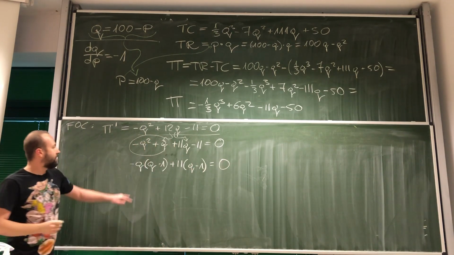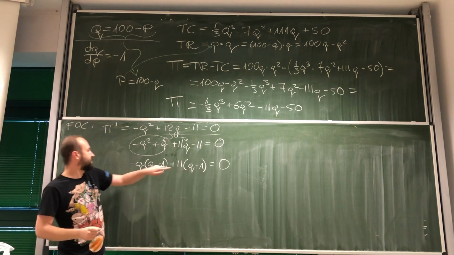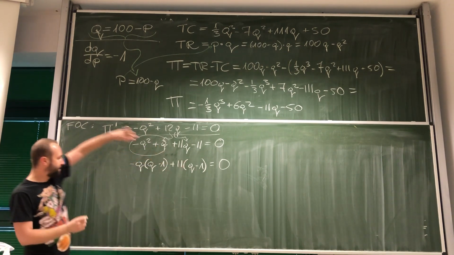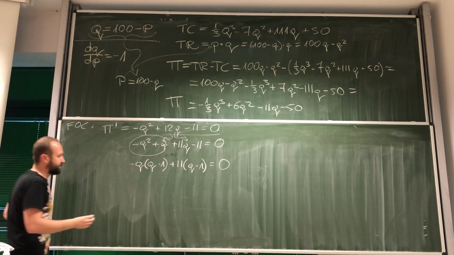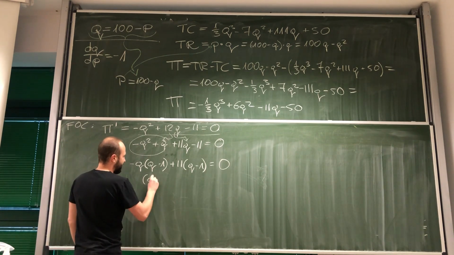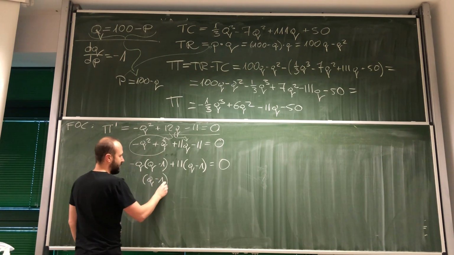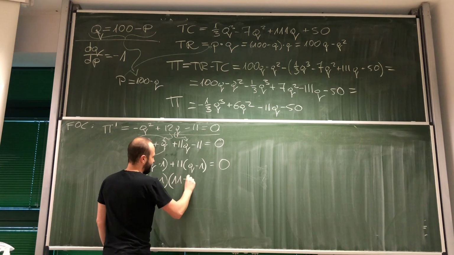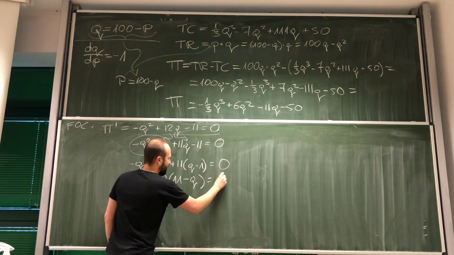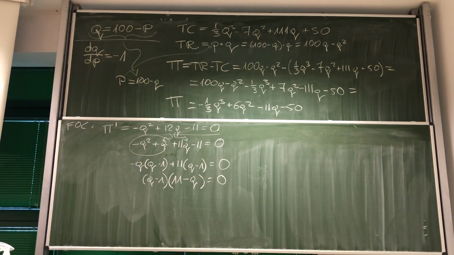And now look, because we have two identical expressions, I can take them out of the parentheses, and what I'm ending up with is (q minus 1) times (11 minus q) equals 0.